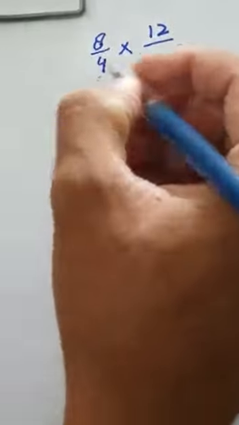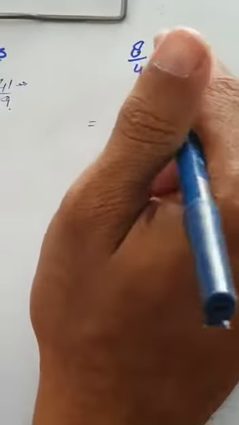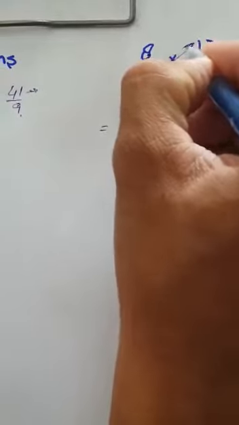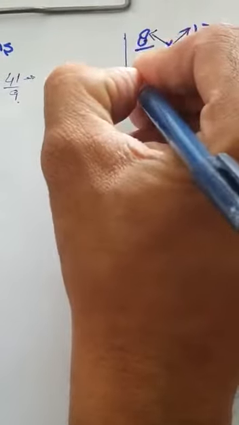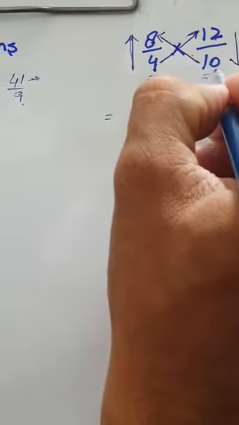So first of all, what will we do? I would like to share with you how we can cut in this fraction. You can cut these opposite sides, from upward direction and from downward direction. You cannot cut this 8 by this 12 or this 4 by this 10.